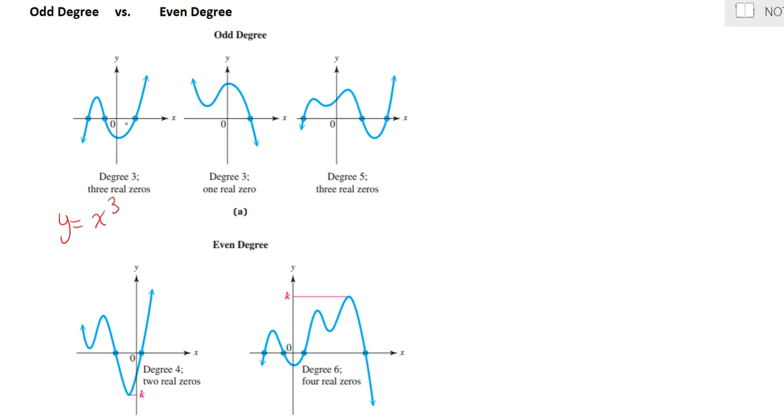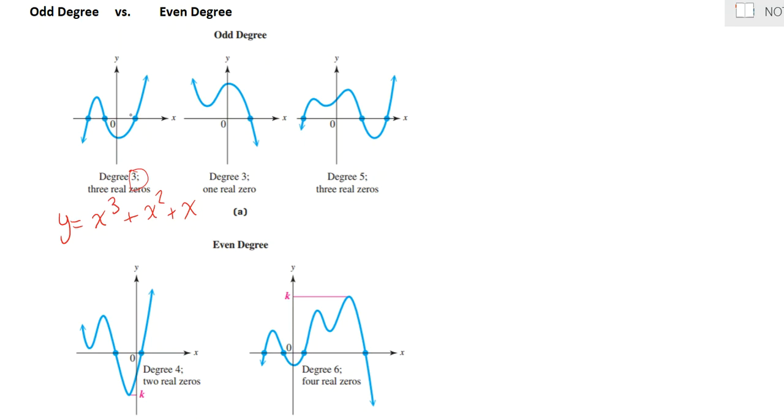Now, this isn't exactly this one, but maybe it's something like x cubed plus x squared plus x. And because this highest number is 3, that states the degree.